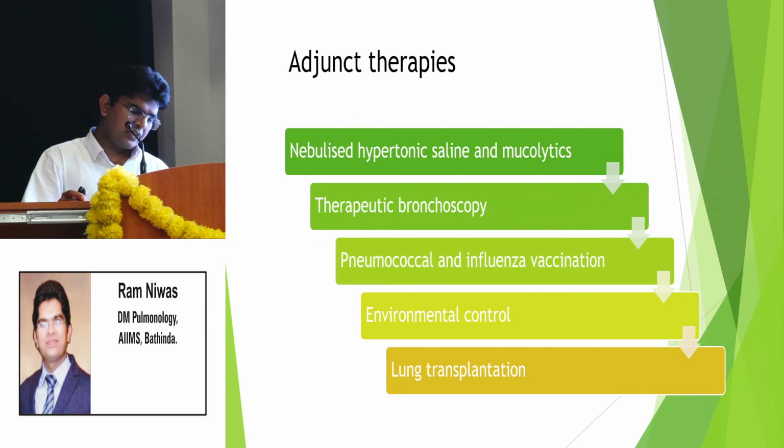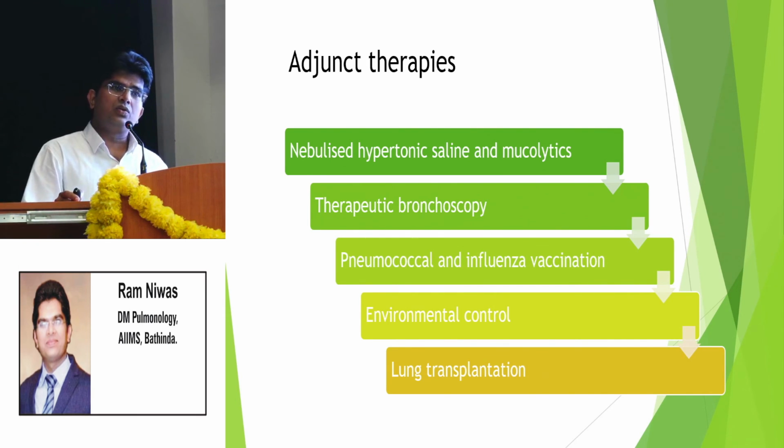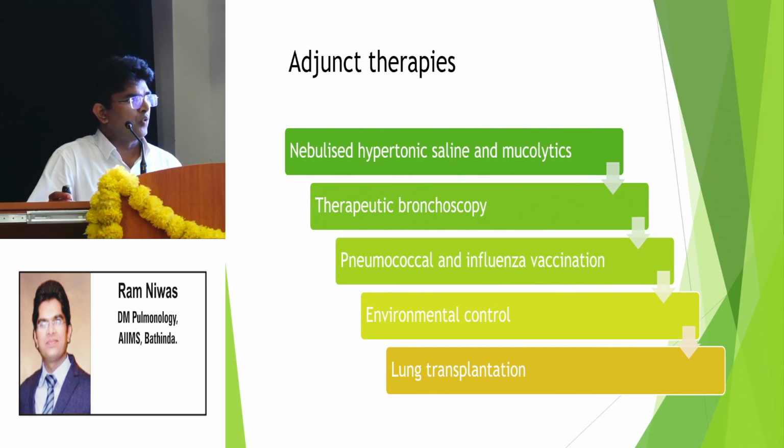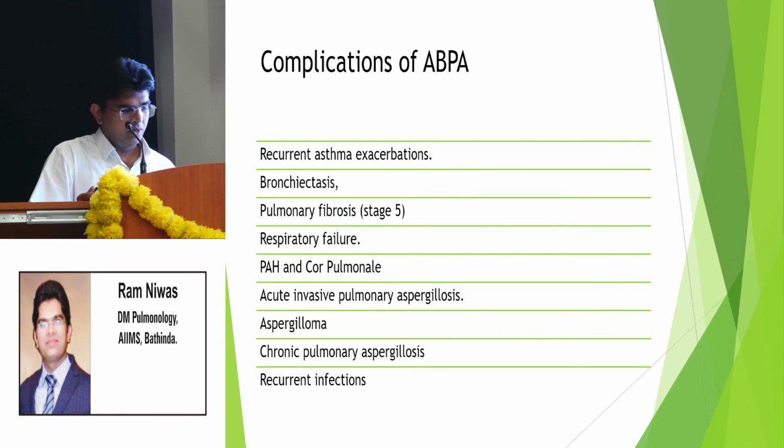Pneumococcal and influenza vaccination are also very important, because most exacerbations are caused by some bacterial or viral infection. Environmental control to decrease the ongoing exposure to aspergillus is also very important. And the last resort is lung transplantation in the last stage of ABPA.